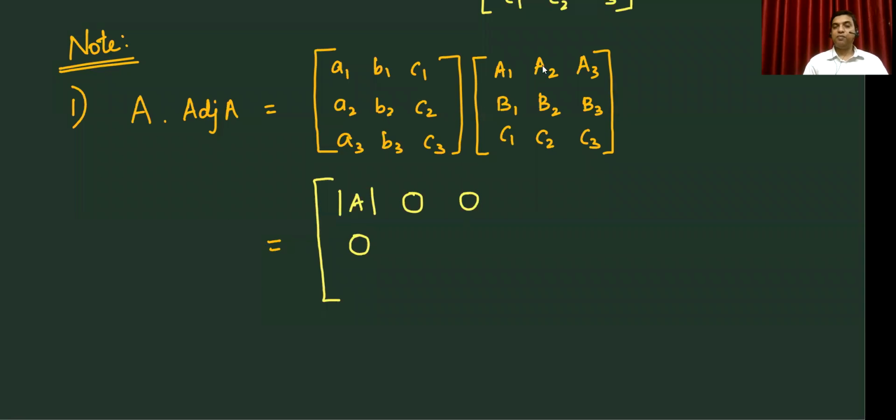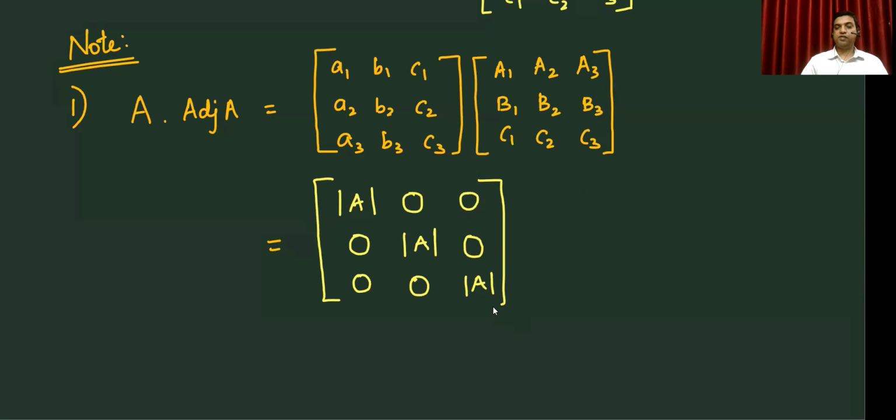Elements of row 2 multiplied by its own cofactors and added give determinant A. Elements of row 2 multiplied by cofactors of row 3 is 0. Elements of row 3 multiplied by cofactors of row 1 is 0, row 2 is 0, and row 3 gives determinant A.